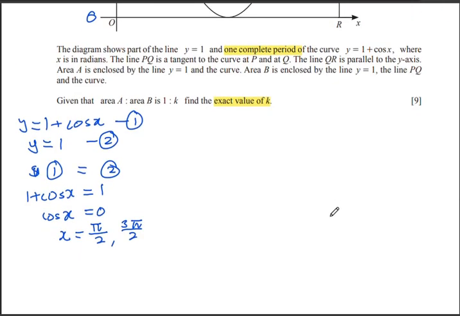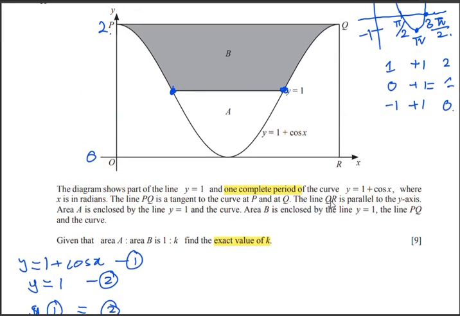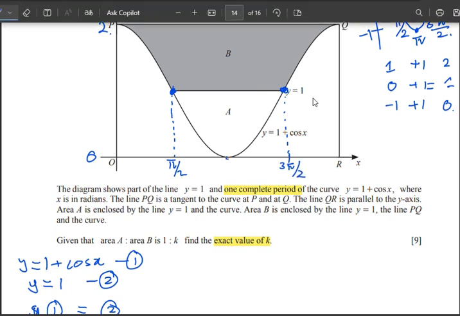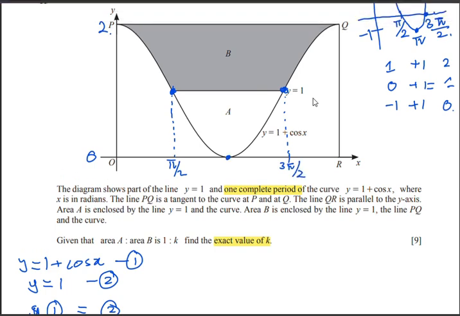So from here, I can ensure this part is pi over 2, and this part is 3 pi over 2. And since this is the stationary point, or turning point, it has to be the middle, which is pi.